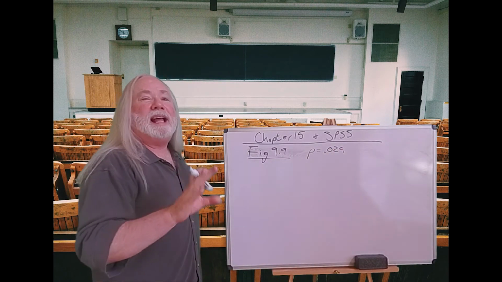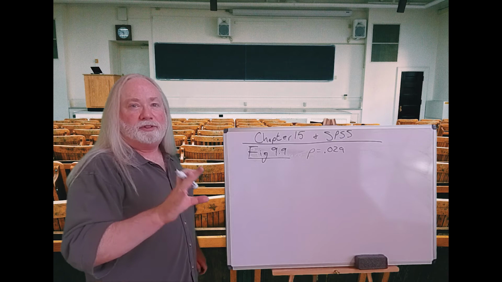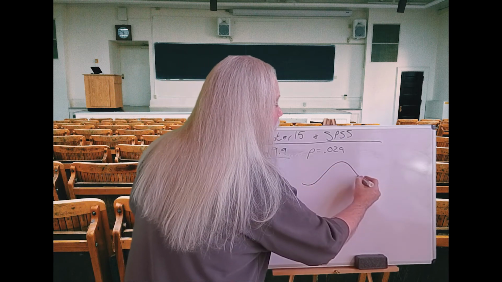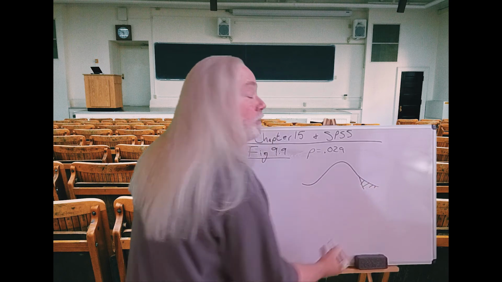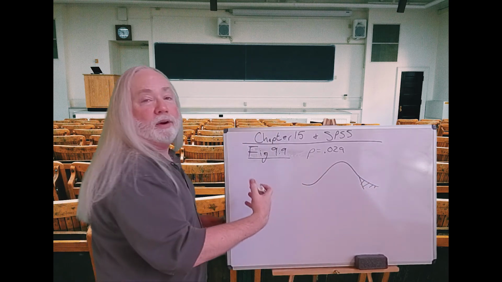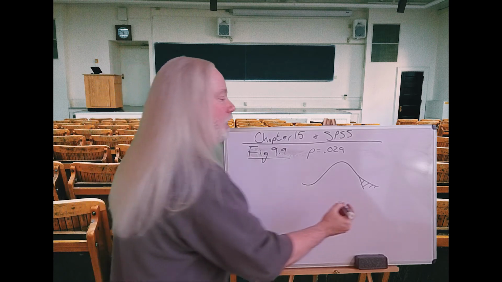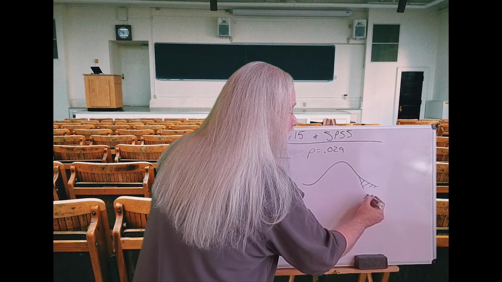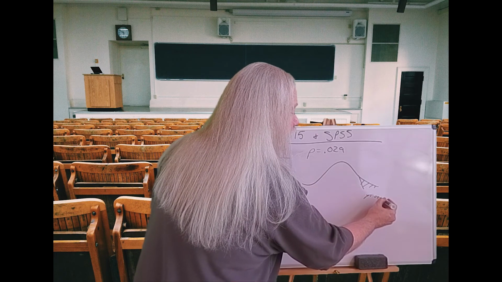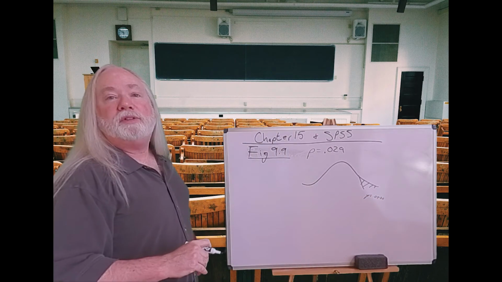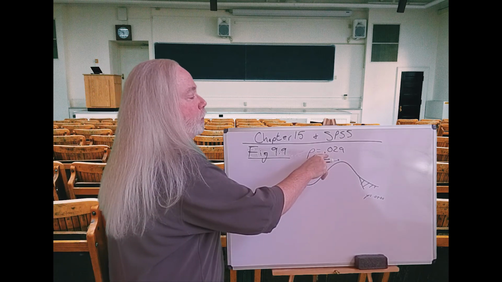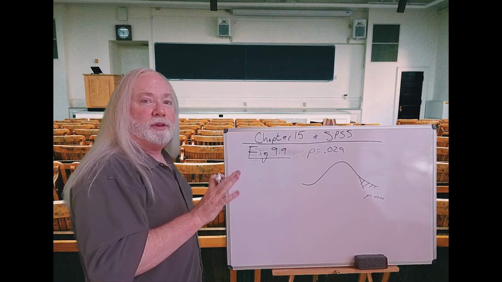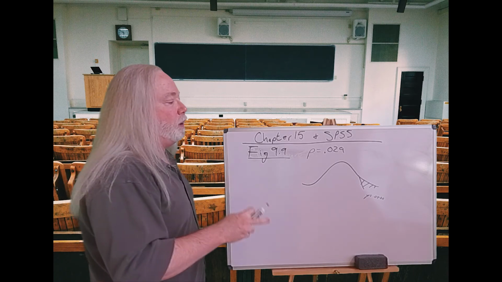So let's think about that. Again, let's use a one-tailed test as an example because it's just easier to visualize. If we had an alpha level of 0.05, then we know we are looking for the extreme 5%. Could be right or left, but I'm used to drawing it on the right, I guess. The extreme 5%, if that was an alpha level of 0.05. As a proportion, 0.0500. Well, where does 0.029 fall? We have to think about it a little bit differently than regular t-scores or f-scores or whatnot.